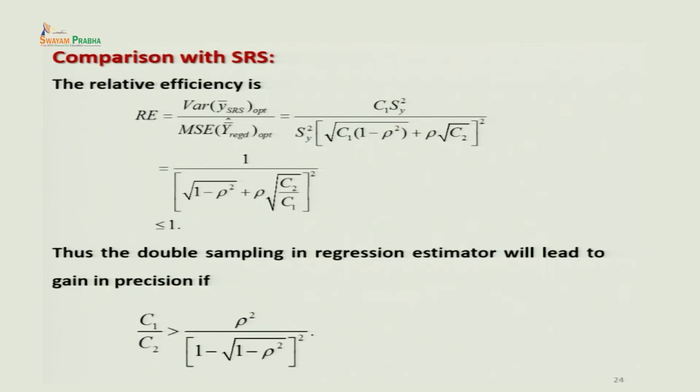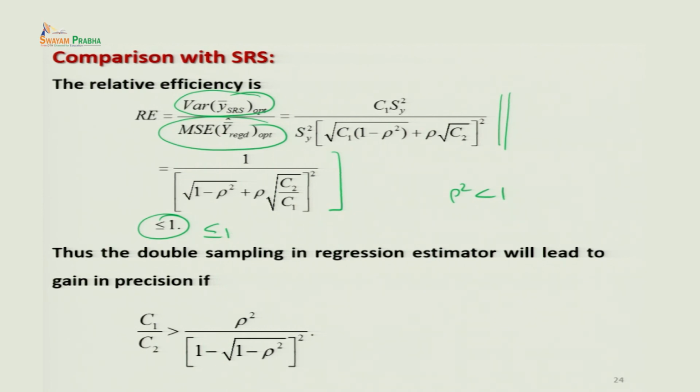Now I find out the relative efficiency by taking the ratio of the variance of y bar under SRS and the mean square error of this regression estimator under double sampling at its optimum value. This ratio comes out like this, which can be simplified like this, and since rho square is always less than or equal to 1, this relative efficiency comes out to be always less than or equal to 1.